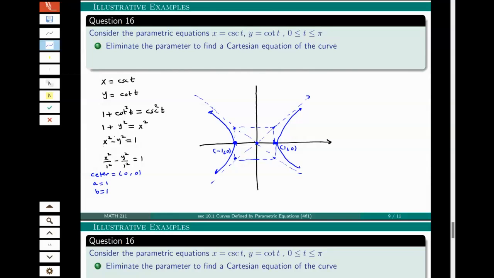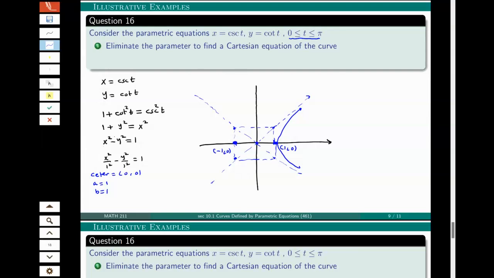Now, is this all of it? We will not take it all, because we have a restriction here, from 0 to pi only. From 0 to pi only, we will not have all the graph. The left-hand side here will be deleted because of the restriction in the domain.